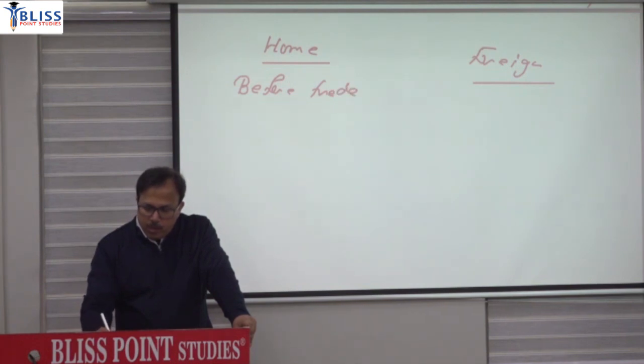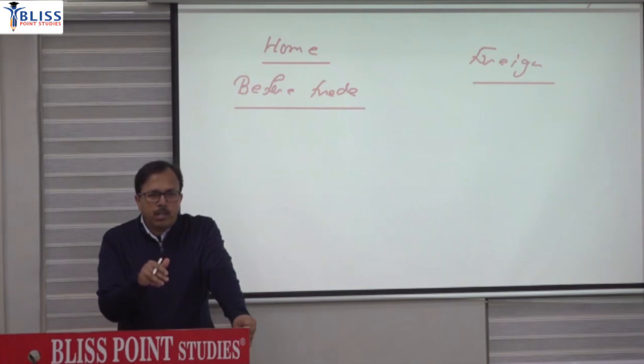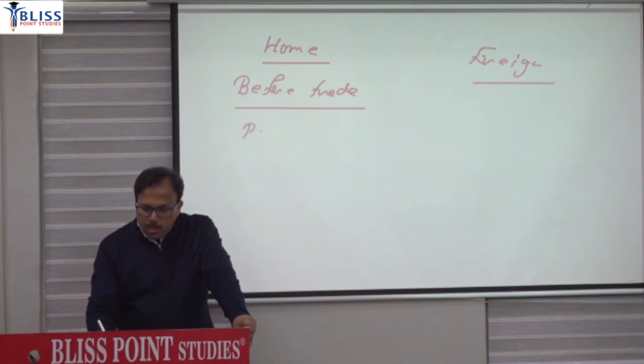Without trade price क्या होगा home country का? Without trade means a country must produce both goods. Country can produce both goods only when price is equal to opportunity cost. So without trade, this PC upon PW must be equal to which number? ALC upon ALW.